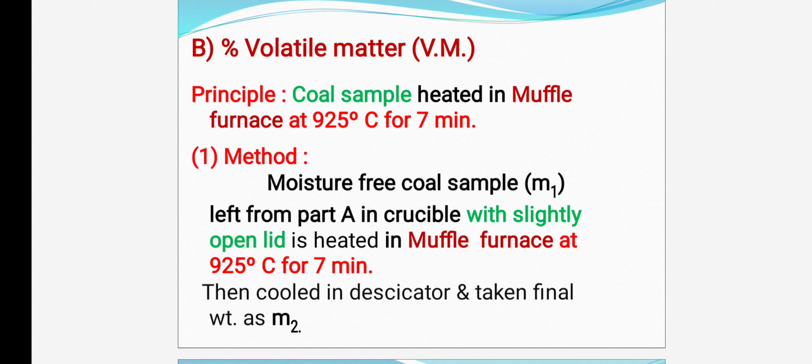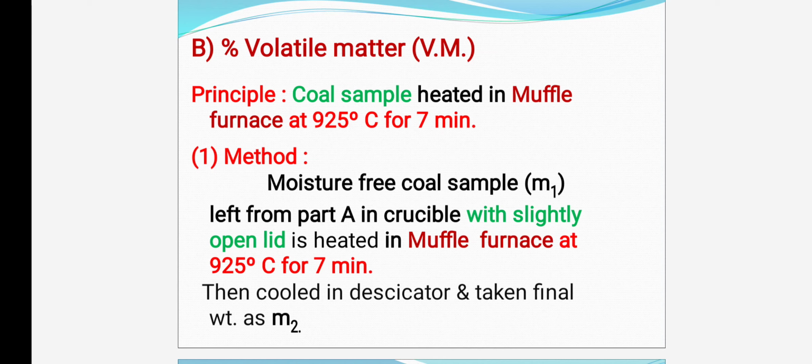Now we keep the lid slightly open, the way we place a plate over a milk container while boiling on a burner. Why do we keep the lid slightly open? Because we have to remove volatile matter. So for removing volatile matter, we keep the lid slightly open so that the volatile matter will come out. We heat it in the muffle furnace.